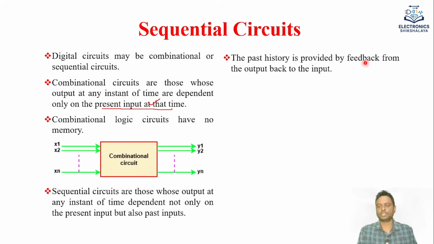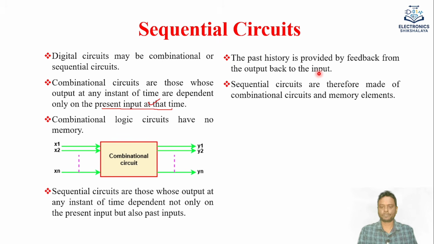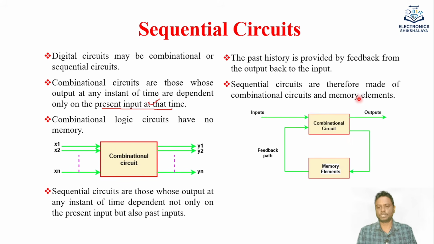The sequential circuit is made up of a combinational circuit and memory elements or storage elements. This is the circuit diagram of a sequential circuit. It has a combinational circuit as well as memory elements, and the storage elements are connected to form the feedback path.